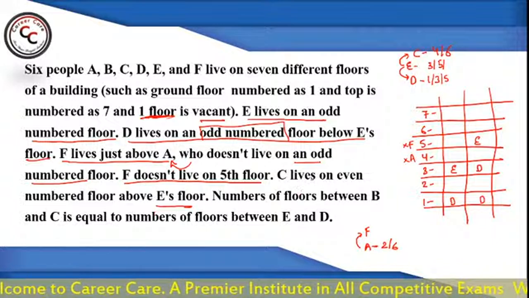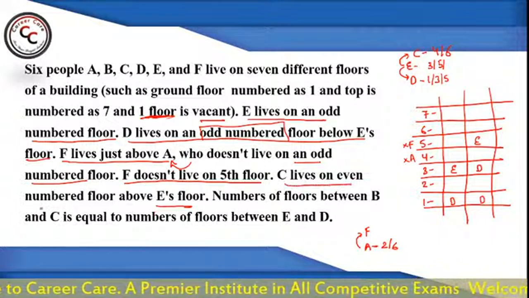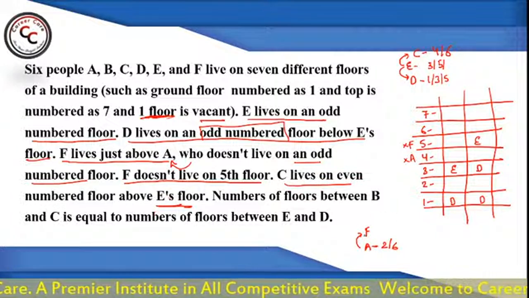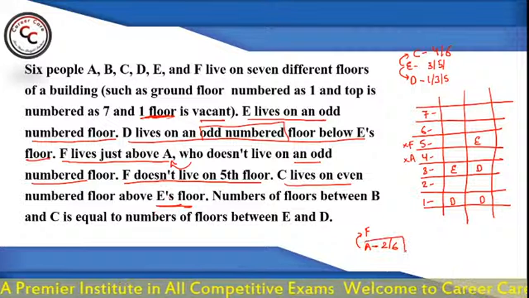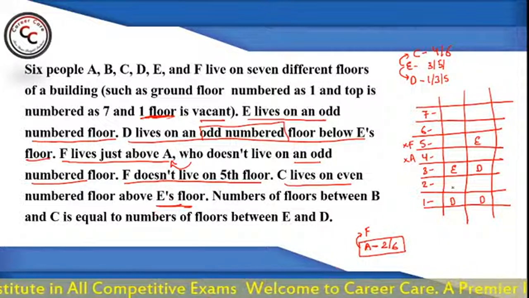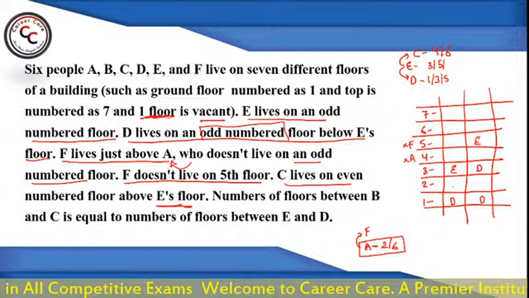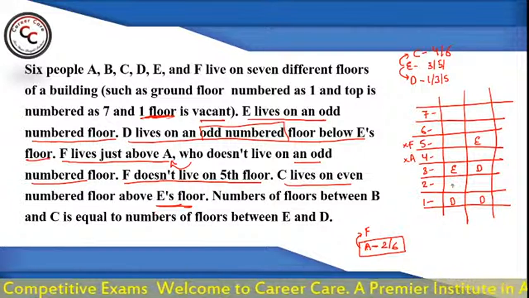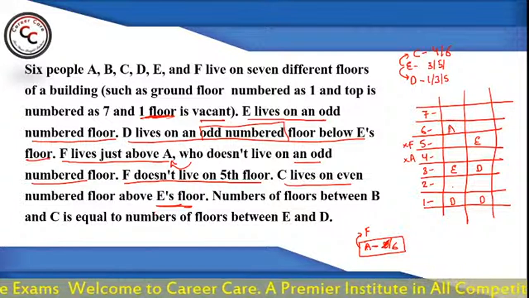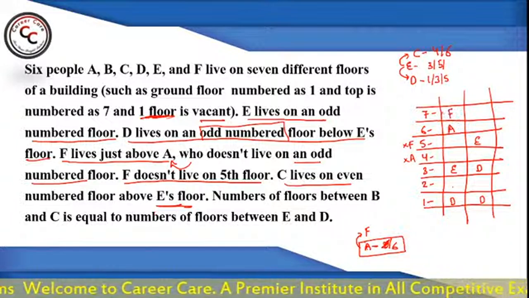Now here if you see, C lives on an even numbered floor above E's floor. Before that, we know that A should live on the 2nd or 6th. So if I take A on 2nd, F should be on 3rd, but no chance. So here I cannot put A on the 2nd floor. So let's put A on the 6th floor. A here, F here. Simple.